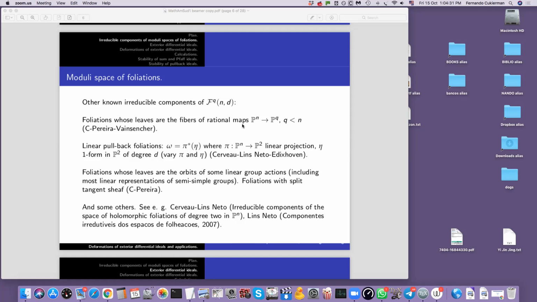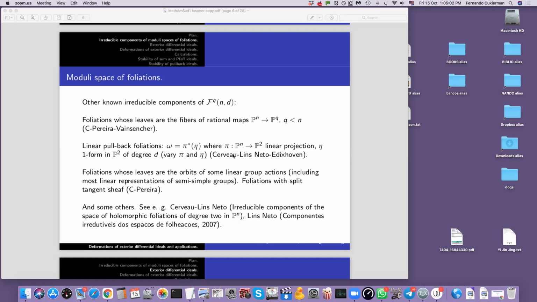The fact that these are irreducible components, we proved in a paper with Jorge Pereira and Israel Vainsencher, that if you just vary the rational map and you deform such a thing in the space of foliations, you only find another rational map. Okay, so these are also stable.